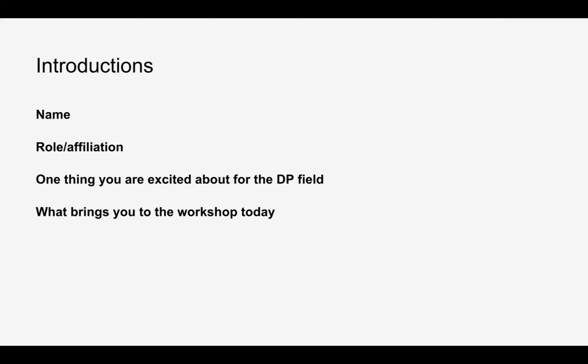So I want to see where that goes. Hello everyone, I'm Mina, PhD student at University of Auckland, New Zealand. I'm excited to learn how we can find optimal balance between privacy and accuracy in practice.